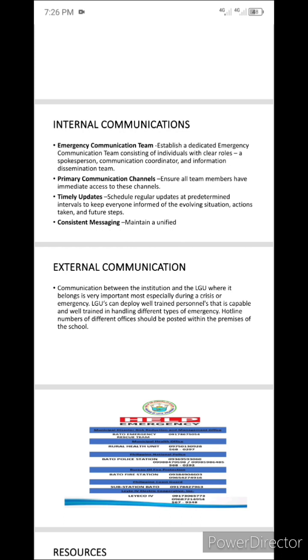So we have consistent messaging. It's almost the same as timely, right? It should be consistent, with updates all the time, real-time updates.